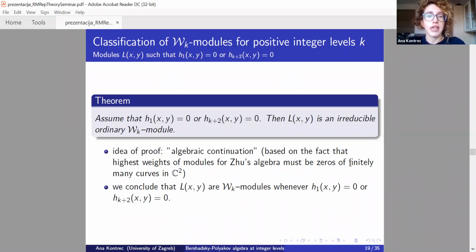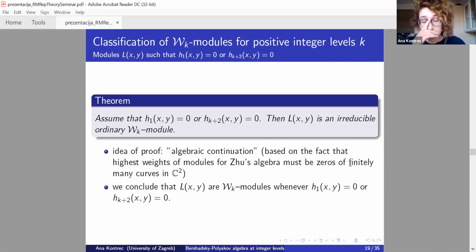There are a bit more technicalities here, but this is basically how we can conclude that if h1 or hk plus 2 of xy is equal to 0, then the module Lxy is an irreducible ordinary WK module.